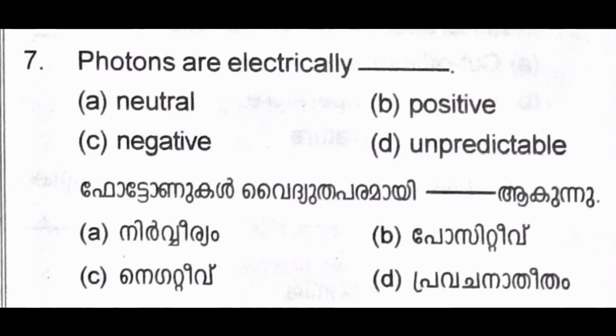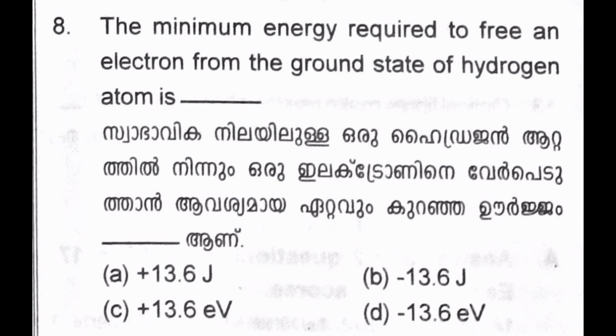Now, seventh question. Photons are electrically dash. The options are A. Neutral, B. Positive, C. Negative, and D. Unpredictable. What will be the answer? The photons are electrically neutral. The answer is option A, neutral.